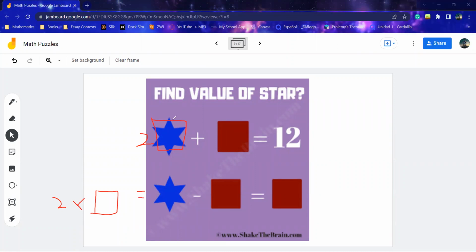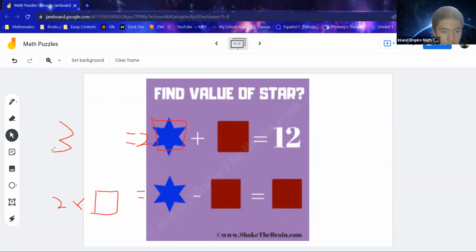I see how to do it, but I'm not quite sure. Well, let's think about it like this, right? Joyce, what is 2 squares? It's like 2 squares added together, right? Yes. So I have 2 squares and you give me another square. How many squares do I have? 3. Right? So wouldn't this whole expression here equal 3 squares?